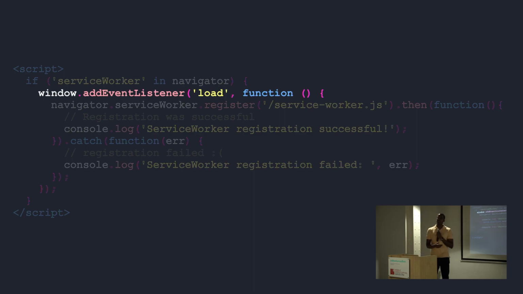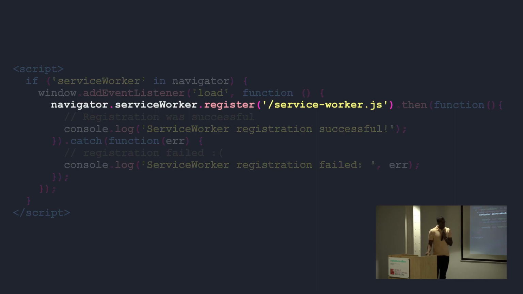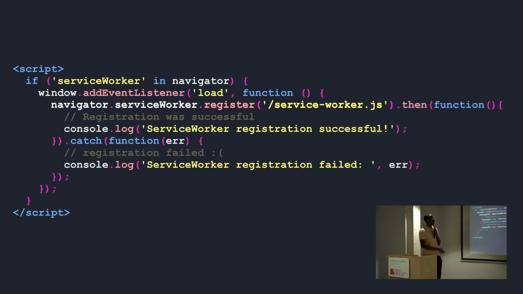The reason you want to do that is you don't want your browser to start registering the service worker while your window is loading because it's just contending for resources. Once window onload is done, you can just run navigator.serviceWorker.register with your file location for your service worker. And if you like, you can have console log outputs to say, hey, it's successful, or hey, registration failed.